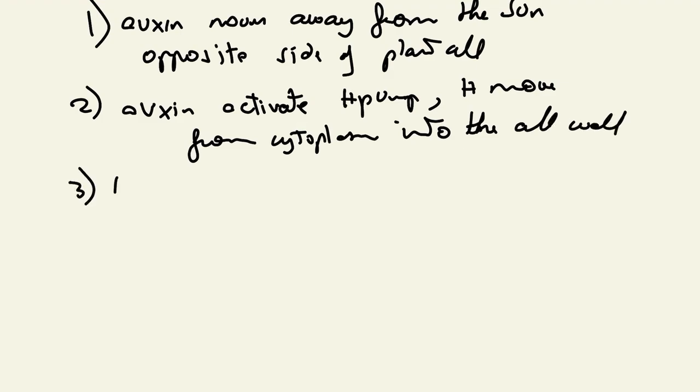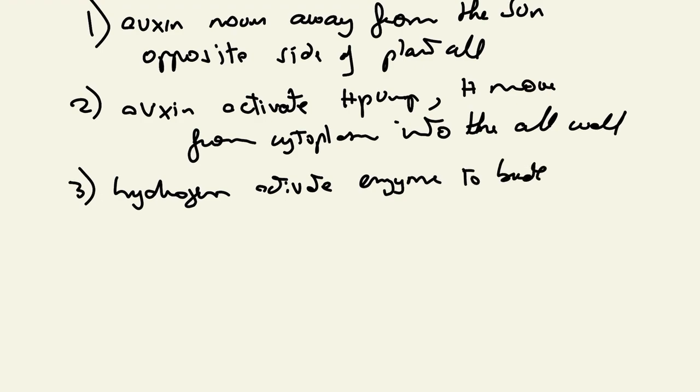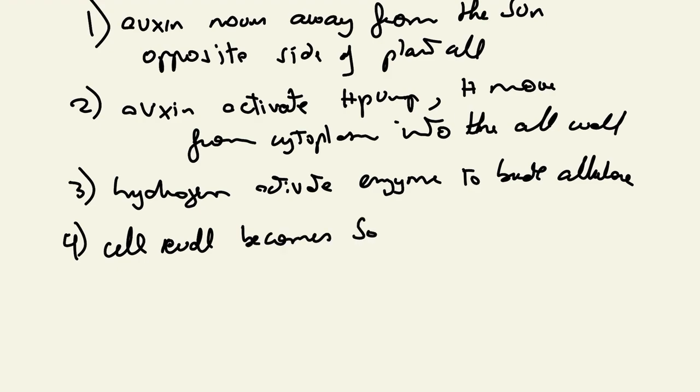And then number 3, the hydrogen activates the enzyme to break cellulose. Number 4, the cell wall becomes loose.